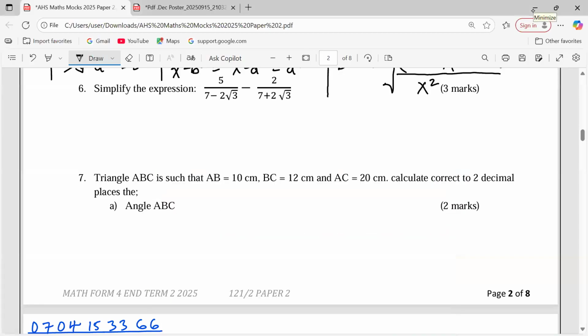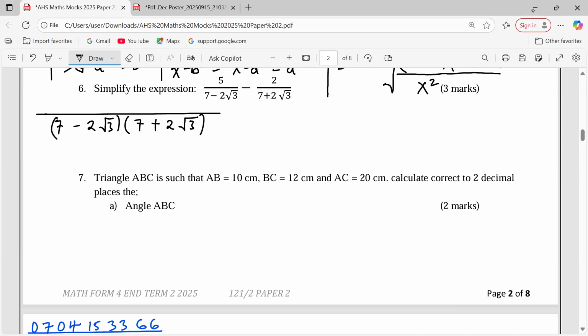Number 6, we are simplifying the expression. Today is a day for differences of two squares. So the denominator, this is a third. Treat it like any other fraction. Like have 7 minus 2 the root of 3 into 7 plus 2 the root of 3 as our LCM.